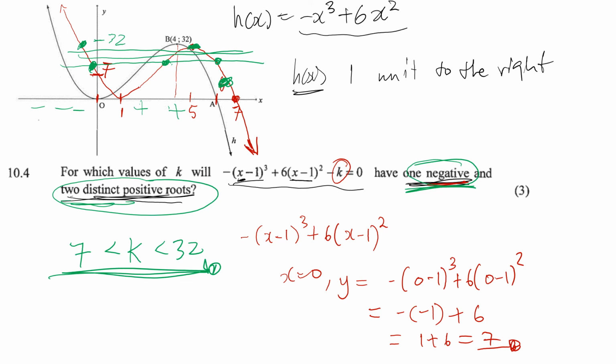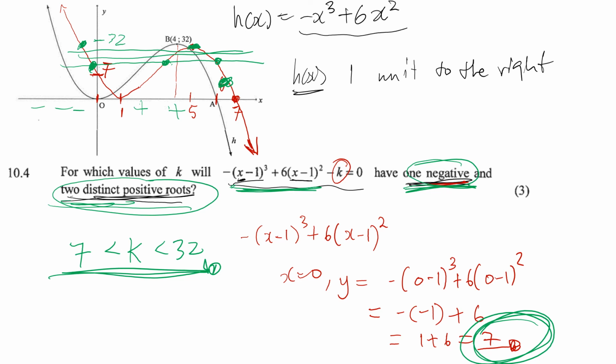But it was also very important for you to first check the equation. That was the tricky part of this question: the equation had been shifted 1 unit to the right. Then you had to deduce that there's going to be a y-intercept there. Then you had to calculate it, draw your vertical line there, and check where you are getting one negative and two positive roots, between which two intervals.